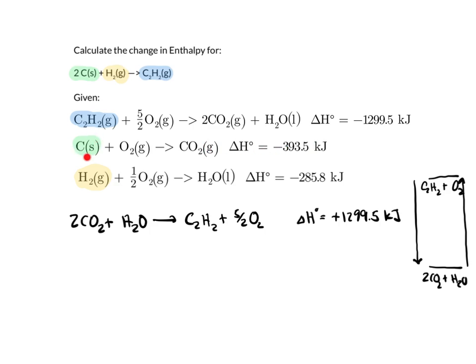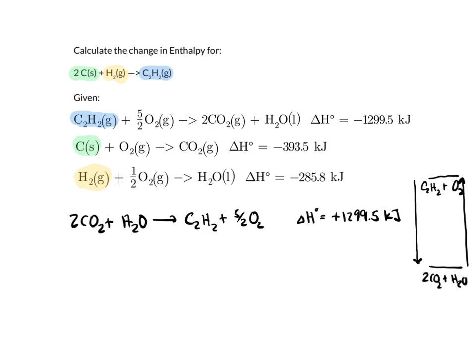If I remember that this is this many kilojoules for this particular reaction, and I do this reaction twice, I get this amount of kilojoules for the first one and this amount for the second one. So if I do this twice, I'm going to multiply my energy by 2. I'm going to get twice as much energy if I do the reaction twice.